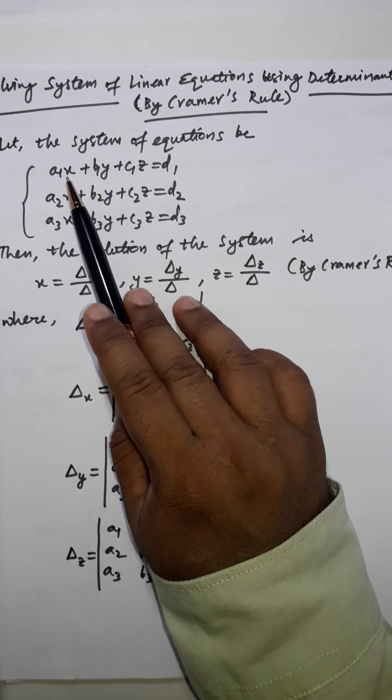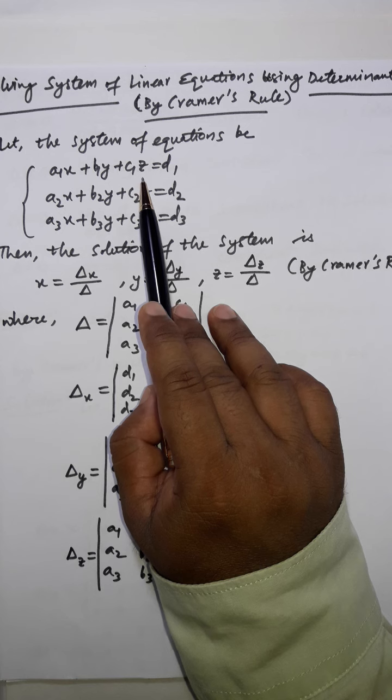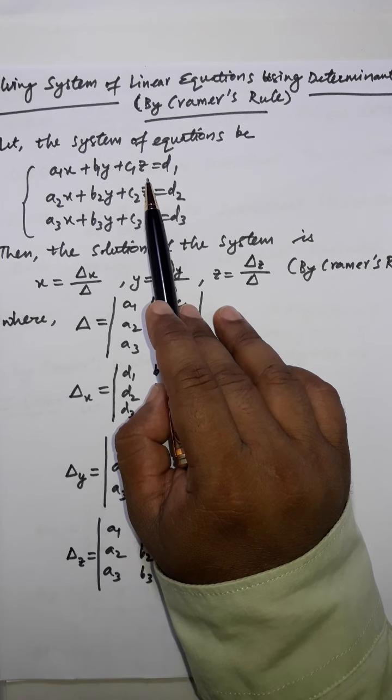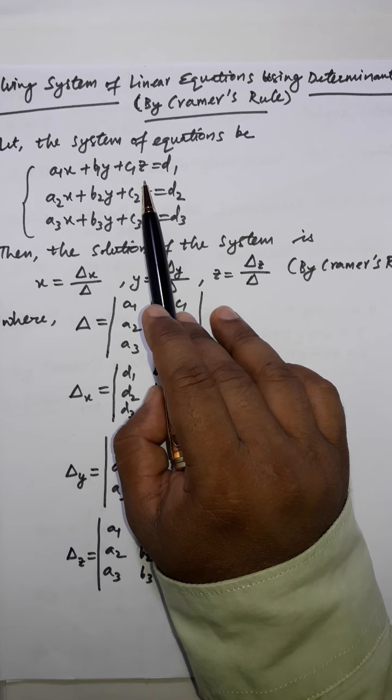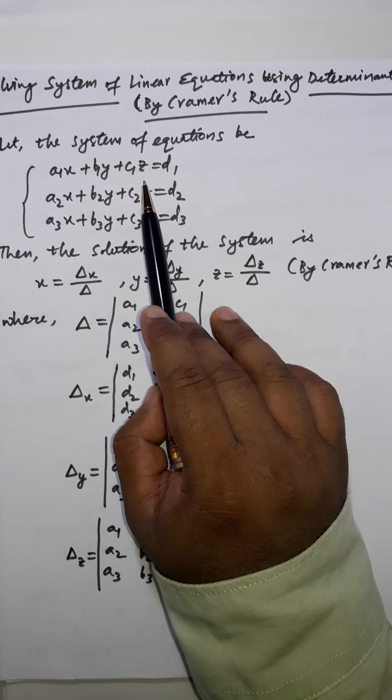That means whichever variables are used, wherever they appear in the equations, their power should be only 1, not less than 1, not more than 1. A system containing more than one such linear equation is called a system of linear equations.